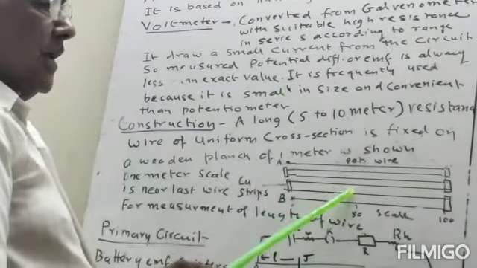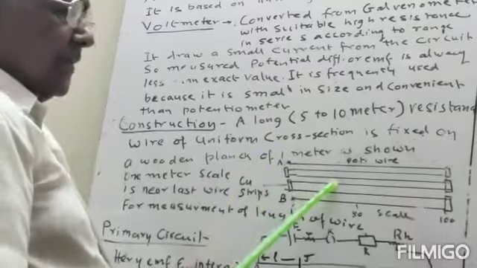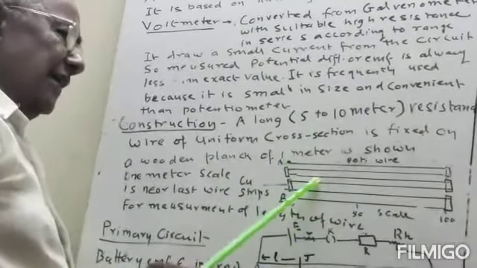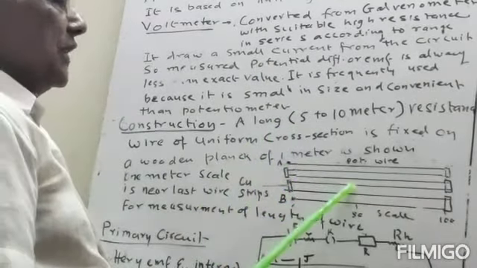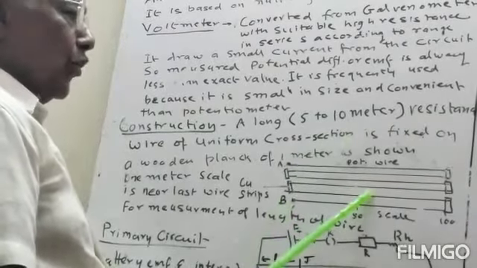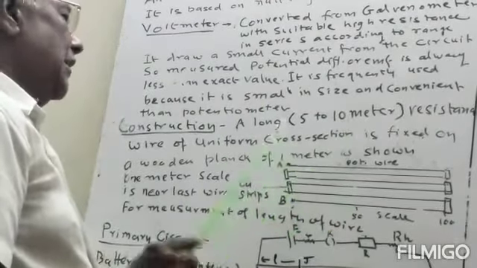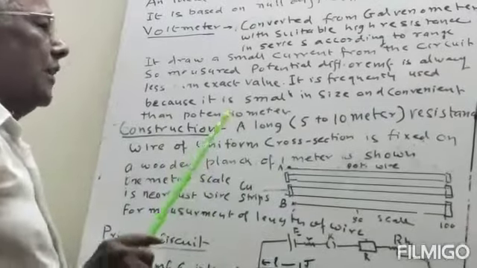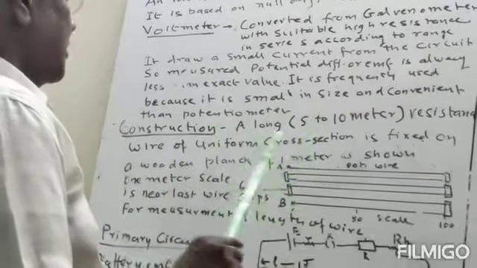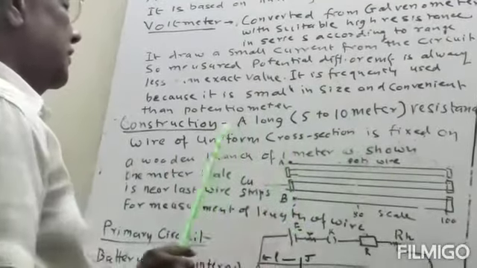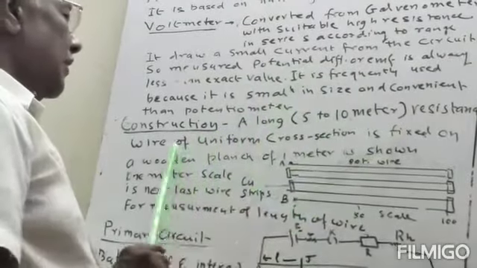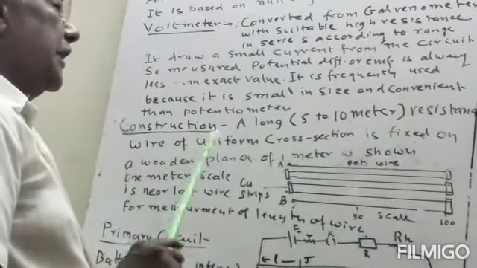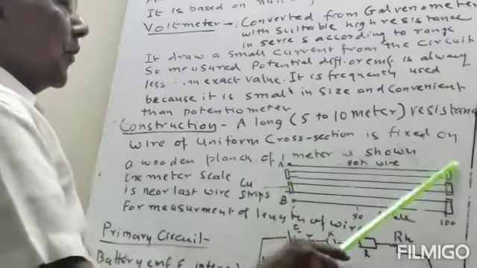Why? Because their resistivity is high and their temperature coefficient of resistivity is low. So we will use a wire of either constantan or eureka and its diameter or its area of cross section should be uniform.